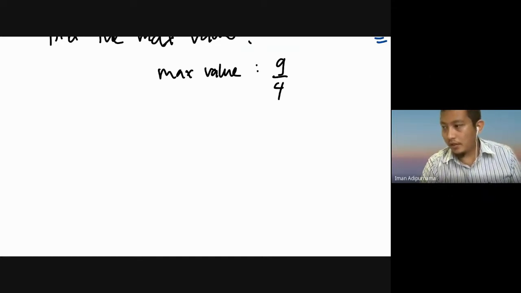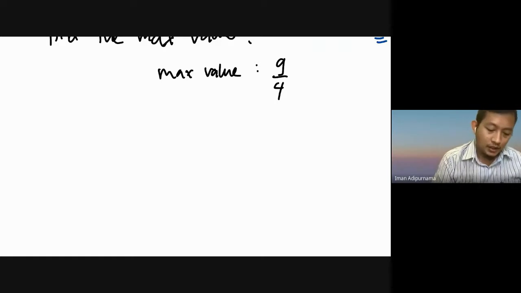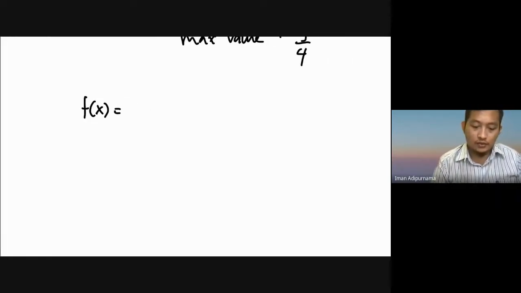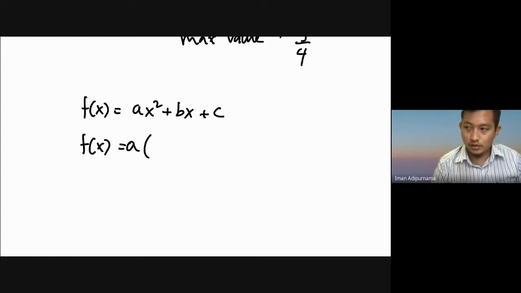Okay. A little bit more. Let me just remind you with the original ax squared plus bx plus c. We can make it into this form, right?